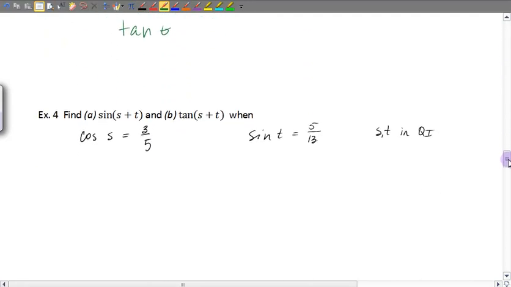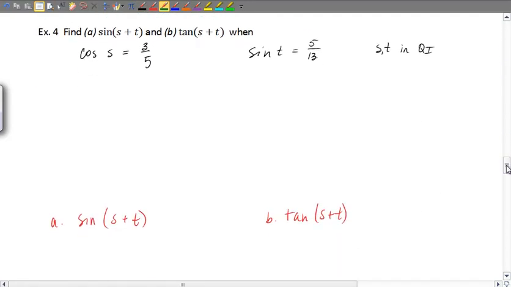So let's look at another example where we're going to be applying that sum and difference identity. We did a similar example to this in the previous lesson 5.3, where I'm going to find the sine of s plus t, and I'll go ahead and find the tangent of s plus t, and I'm only given this information here.